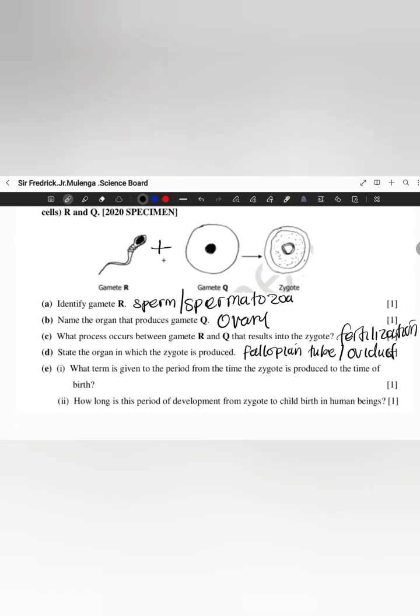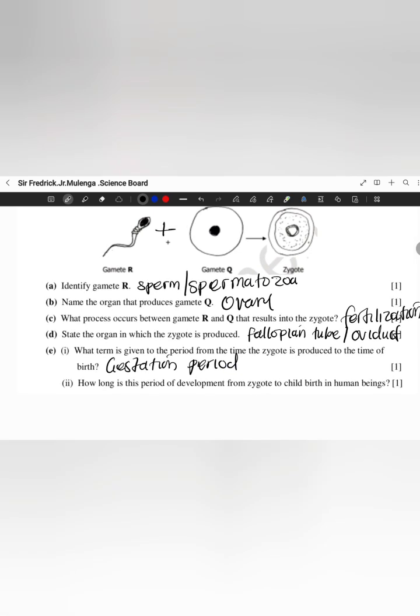Just like that. Then what term is given to the period from the time the zygote is produced to the time of birth? This was the definition for gestation, the gestation period.